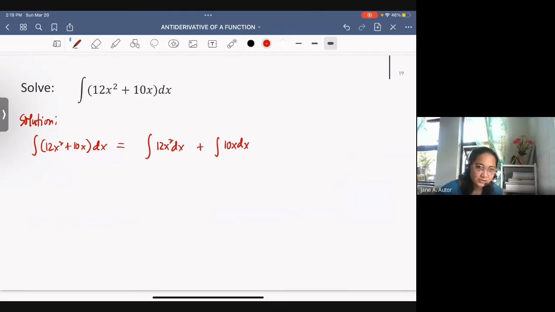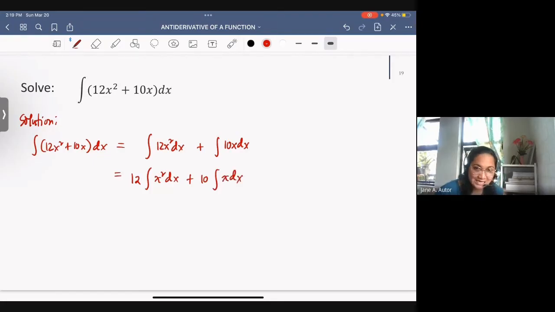Again, don't forget to include dx for every term if you are going to apply the sum and or difference rule. Next will be, we can factor out 12 and then 10x. We're like applying the constant multiple rule. So this will be equal to 12 times the integral of x squared dx plus 10 times the integral of x dx.